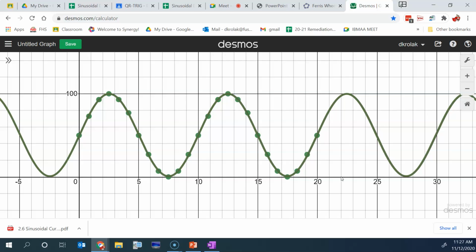Now find 22 seconds on the x-axis. Straight up. Exactly 22. Yep.